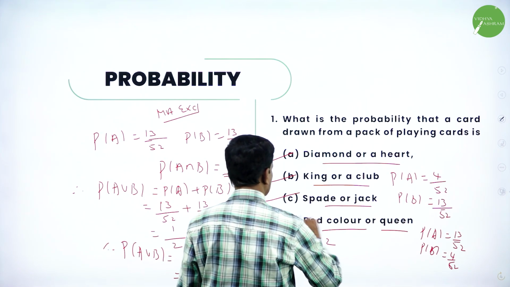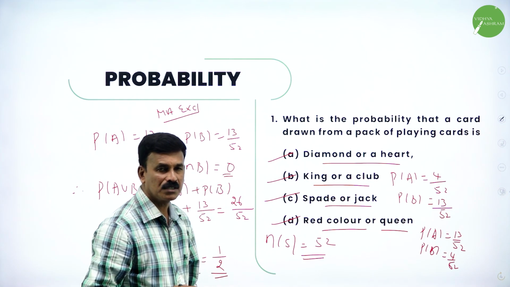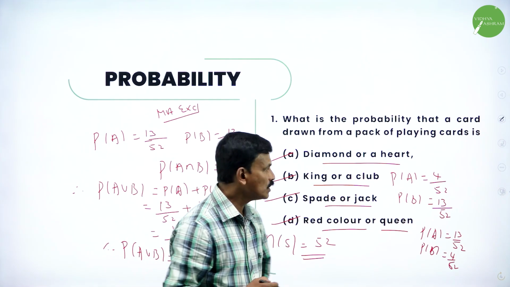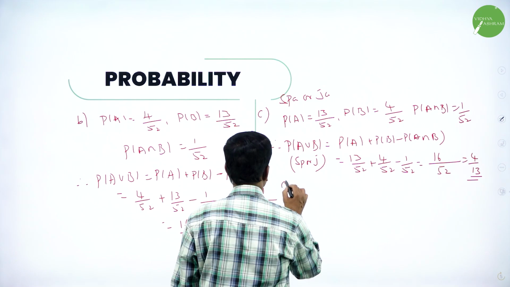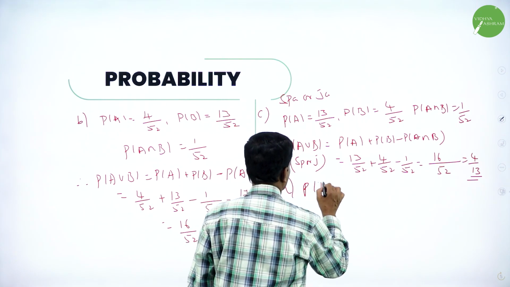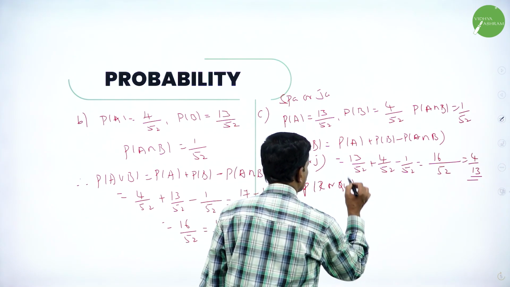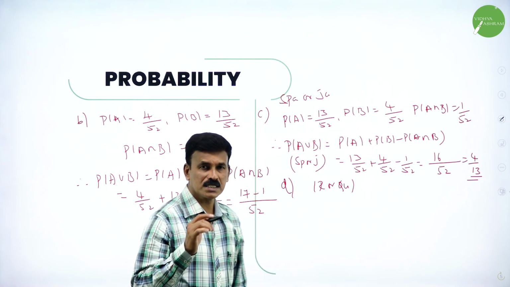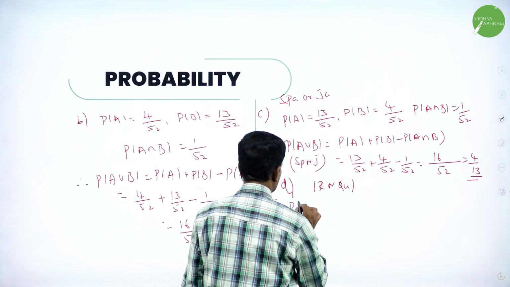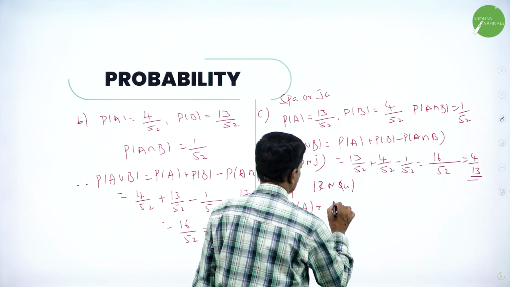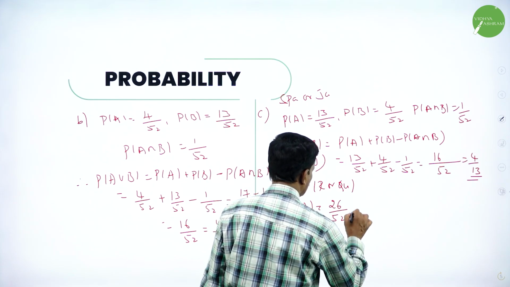What is the last condition? Red color or a queen. Okay, the probability of red or a queen. Now let us consider A as the probability of red. Probability of red is equal to 26 divided by 52.